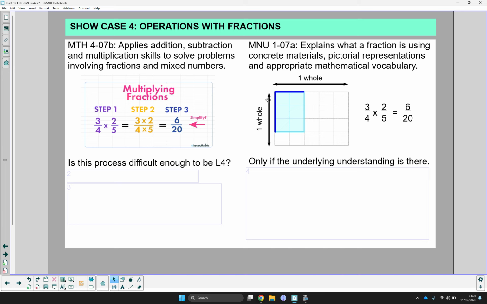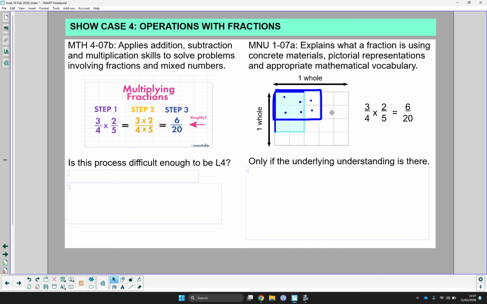And then they need to carefully think about the rectangle they're going to draw. Because of course, pupils could get the answer right if they drew 3 here and 2 here, and they would still end up with 6 little boxes out of the 20. But, you know, their understanding wouldn't be there. So it's all about teaching for understanding.